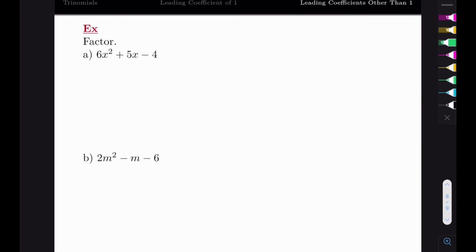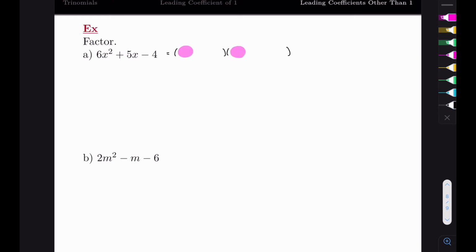And then you're going to check that the outer and inner give you that middle term. And then we're just going to try whatever possibilities we can and see, did we pick something that actually works? If we didn't, then we just try again. So we're just going to do a ton of examples. Let's factor 6x squared plus 5x minus 4. So what I'm always going to do is set up my parentheses, and I'm going to put little notes to start.